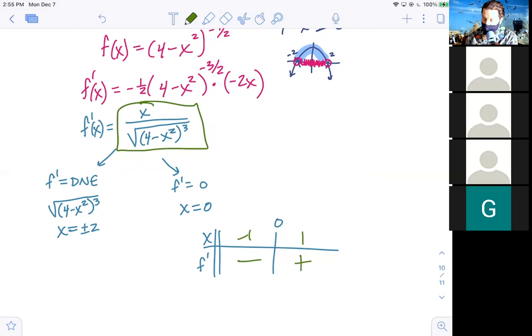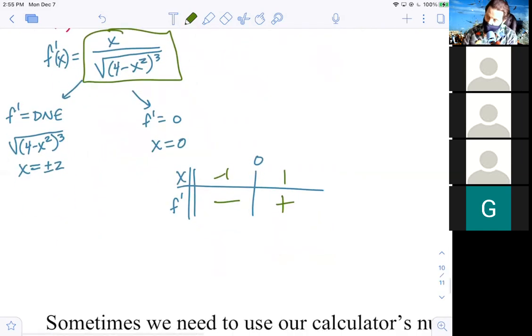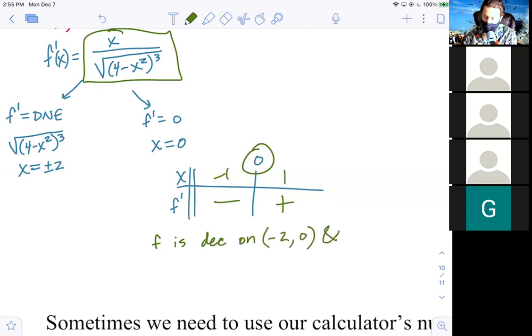So if we were to list the intervals of increasing, decreasing over the domain, we would say f is decreasing not from -infinity to 0, right? But on -2 to 0. And f is increasing on the interval from 0 to 2. That covers the whole domain. You got to be careful.